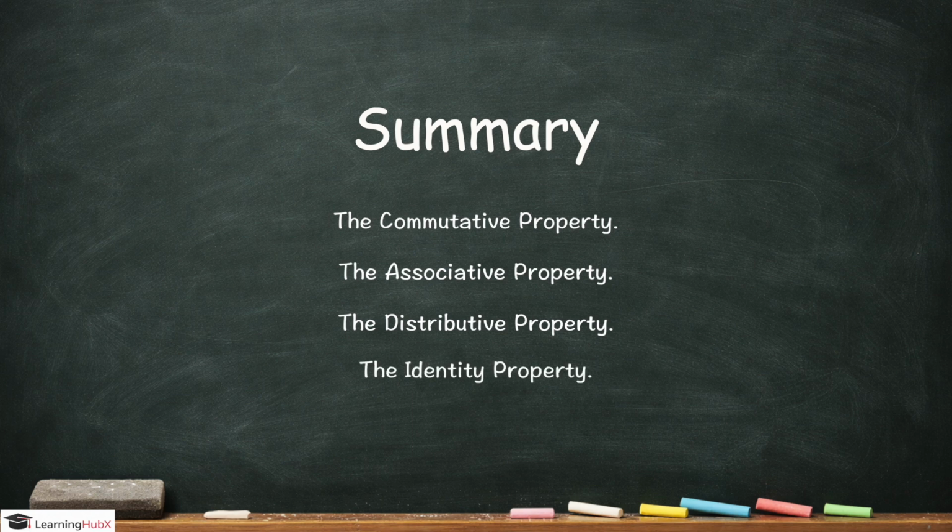Identity property means some numbers do not change the value. Zero property means multiplying by 0 always gives 0. Inverse property means a number and its opposite cancel each other out. These properties help us simplify expressions, rearrange equations, and solve problems more easily. Master these, and algebra becomes much easier.